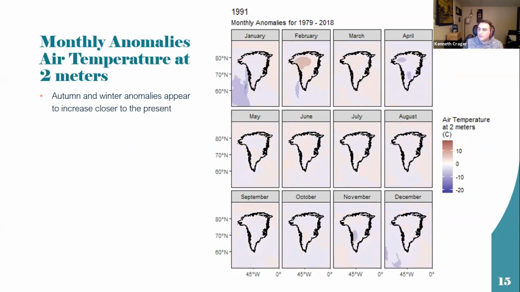And looking at the anomalies in the air temperature, again very similar to the sea surface temperature anomalies, we're seeing a lot of stronger, more persistent anomalies, especially warmer anomalies, persisting closer to the present in the autumn and winter. And again, that's alarming for a number of reasons, but primarily prolonging the melt season and pushing back the freeze.